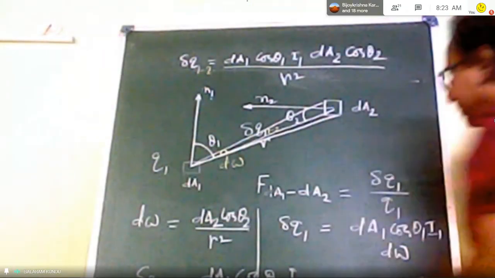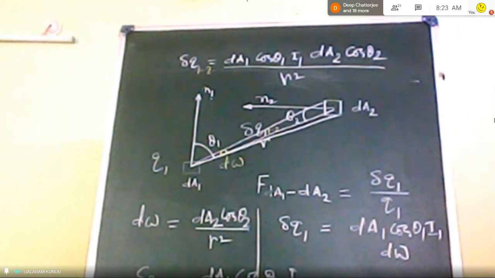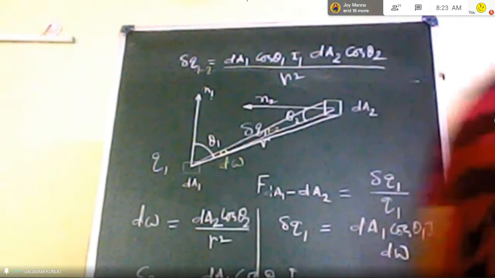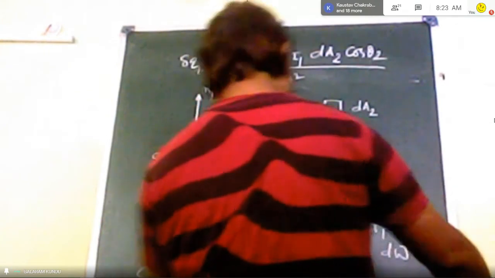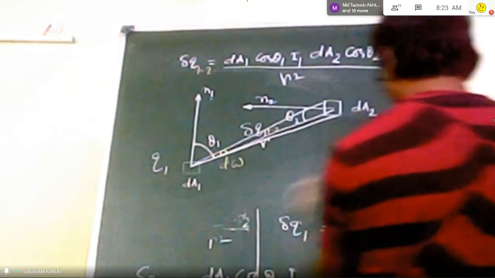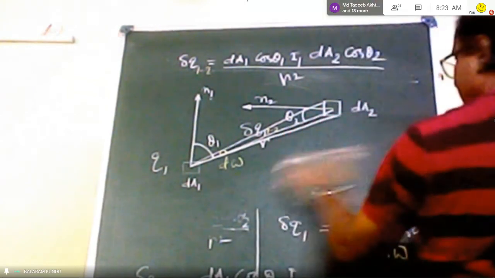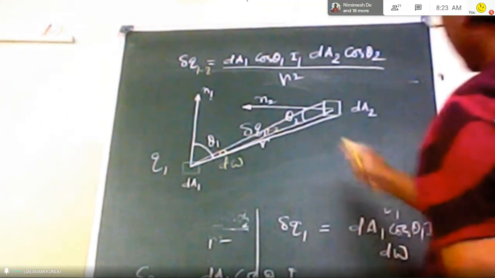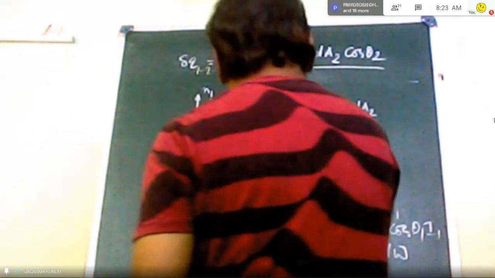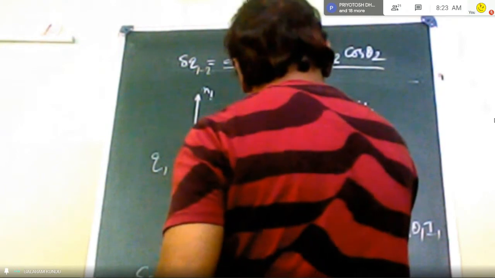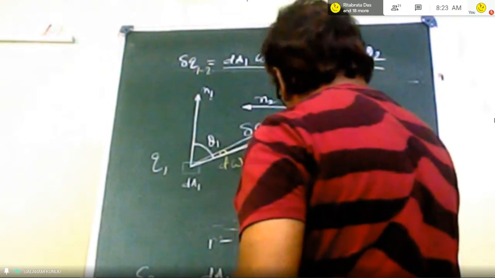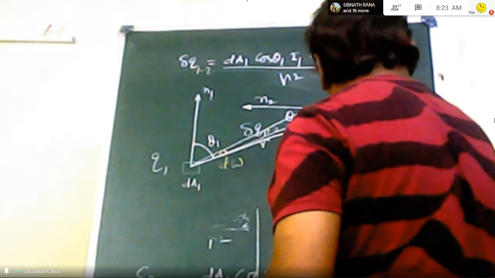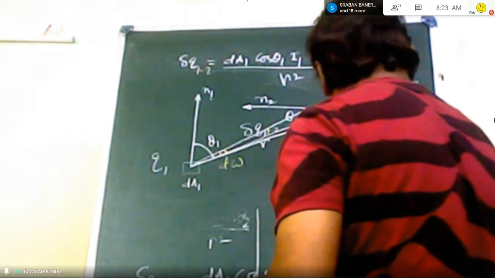Now our objective is to determine the mathematical expression of the shape factor, that is F dA1 to dA2, which is equal to del Q12 divided by Q1.